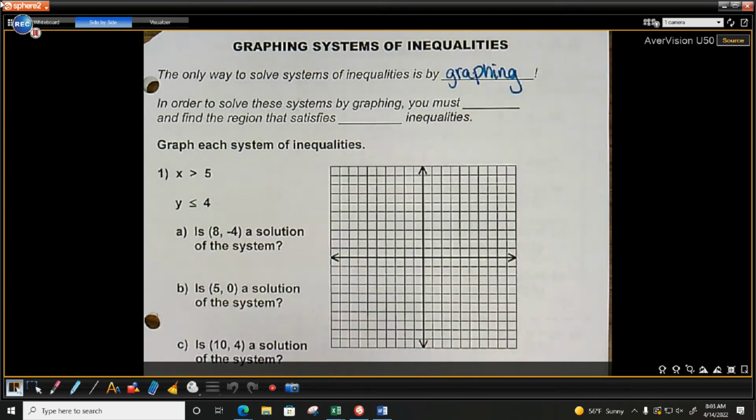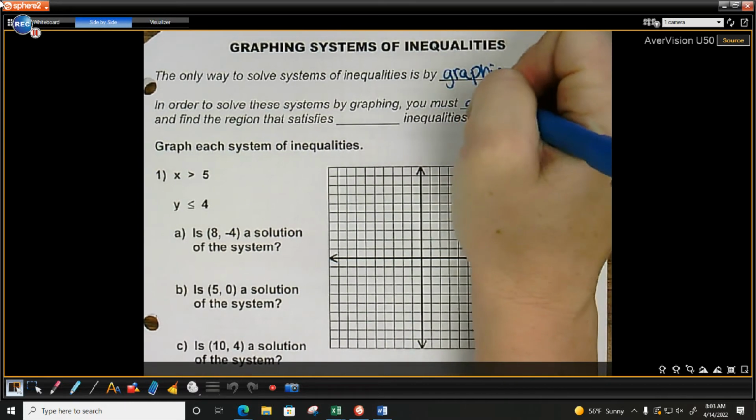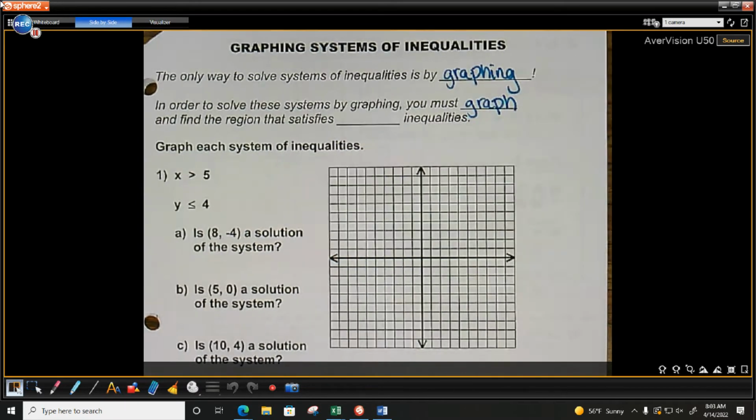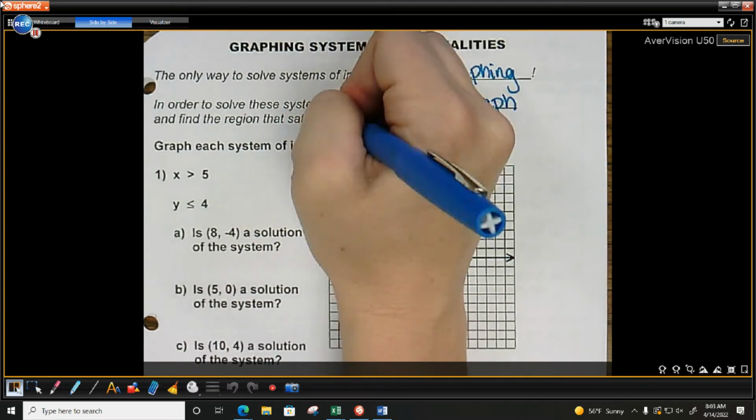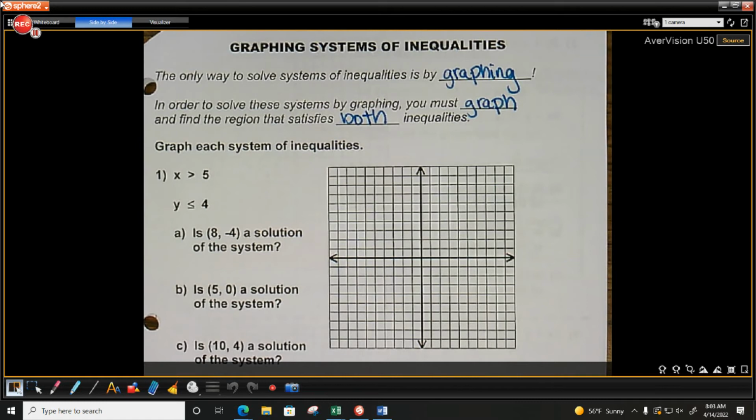You cannot substitute or eliminate if we have inequalities. You must graph. In order to solve these systems by graphing, you must graph both of them and find the region that satisfies both inequalities. So what that means is you're looking for the double shaded region. Okay, you're looking for the overlap.